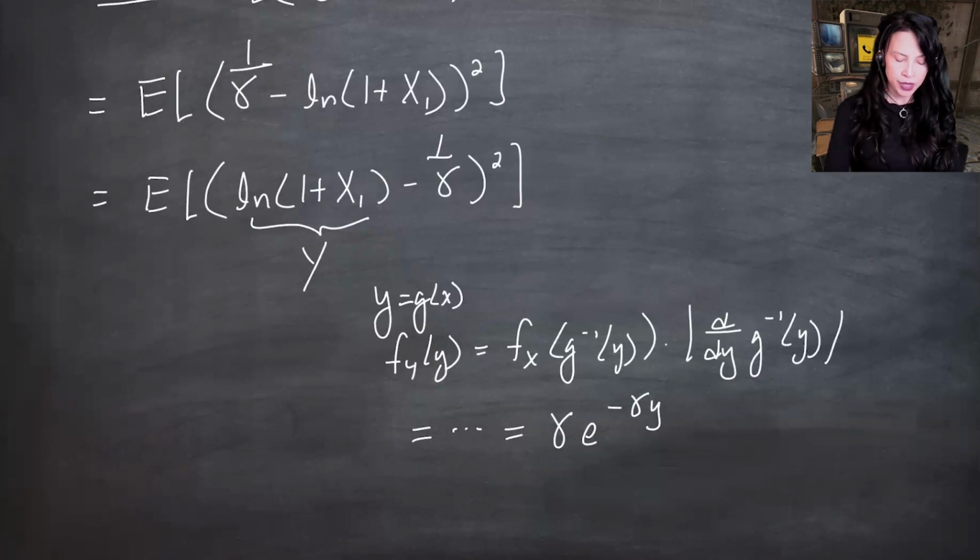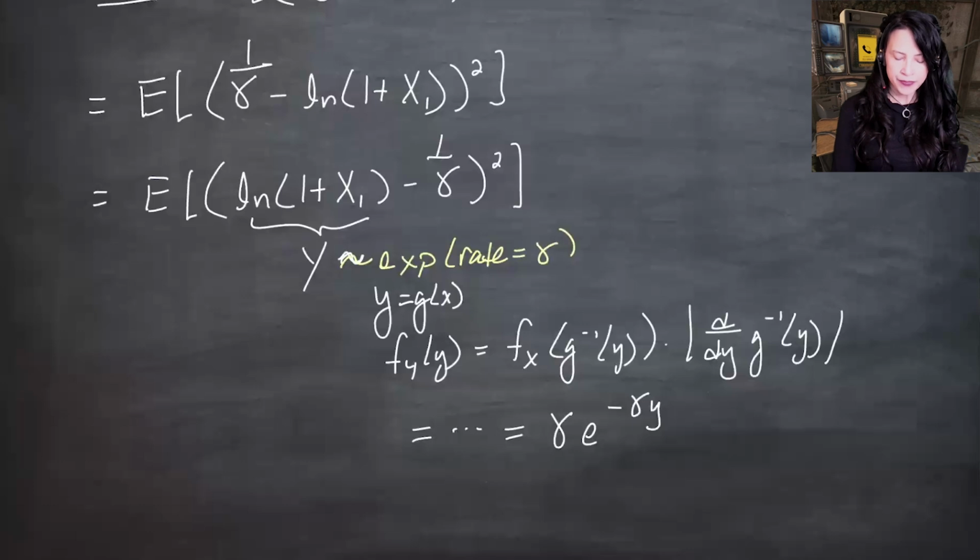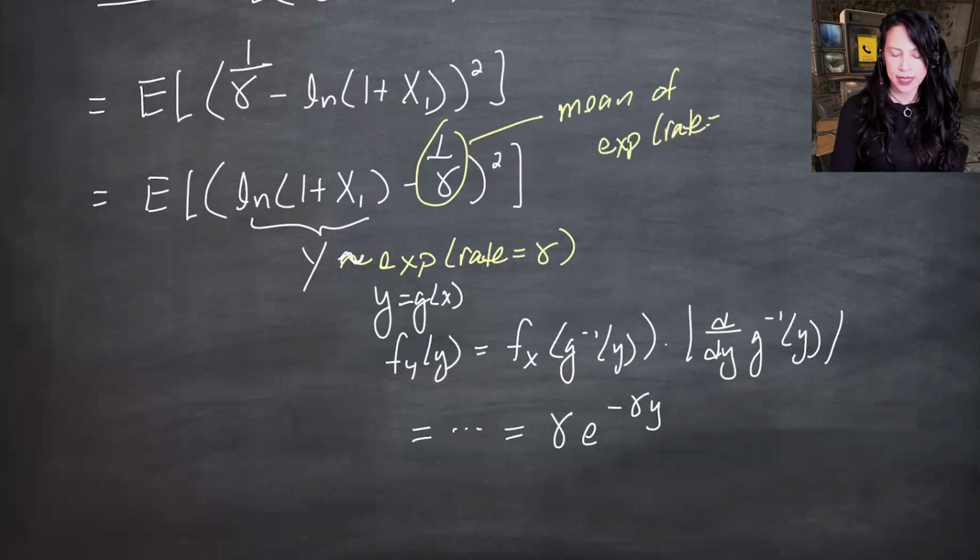So this y up here has the exponential distribution with rate gamma, and 1 over gamma is the mean of the exponential distribution with rate gamma.